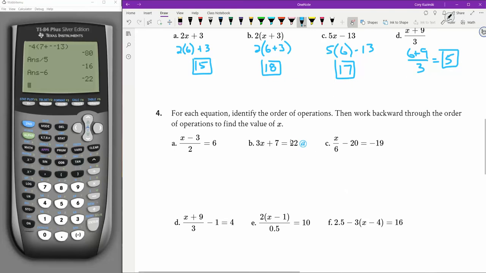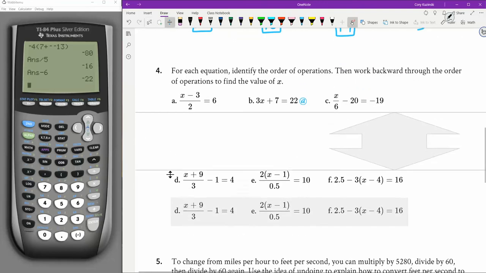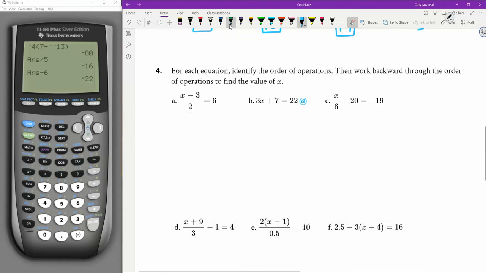For each equation, identify the order of operations, then work backward through the order of operations to find the value of x. So I want us to do DUR tables for this. So here we go. After we pick x, we're going to subtract 3 and divide by 2.